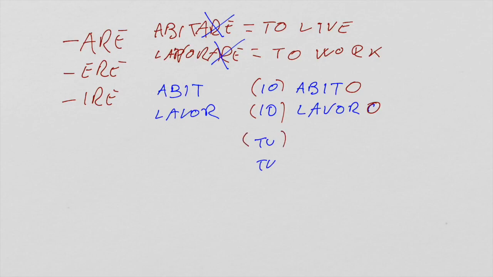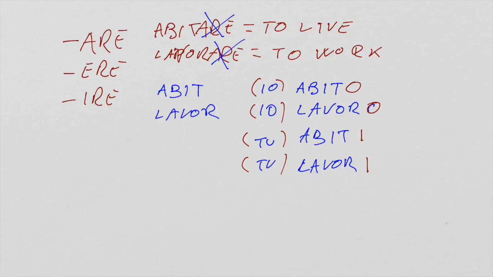And as you know, the subject pronoun is optional. I keep the same exact root, but the ending is different this time. Abiti and lavori. So, you live, tu abiti. You work, tu lavori.